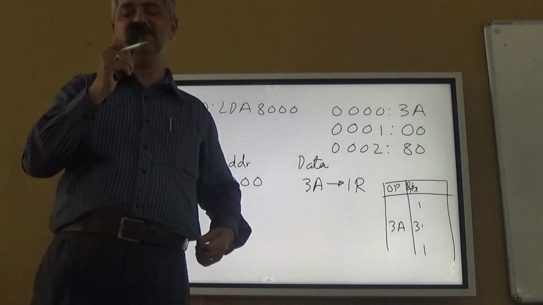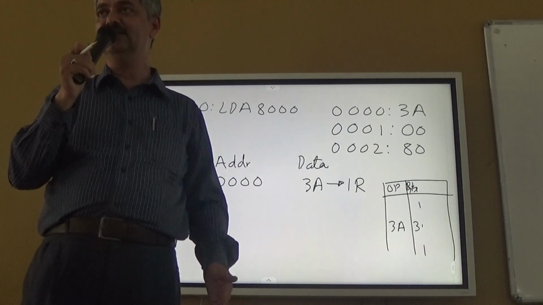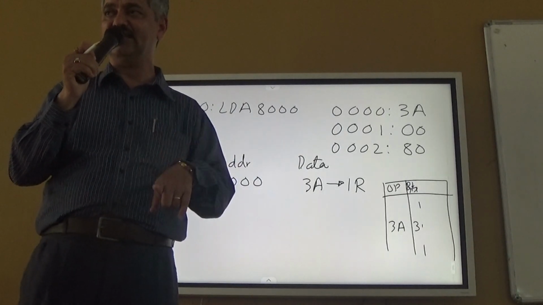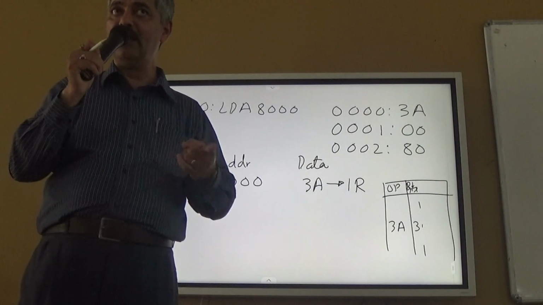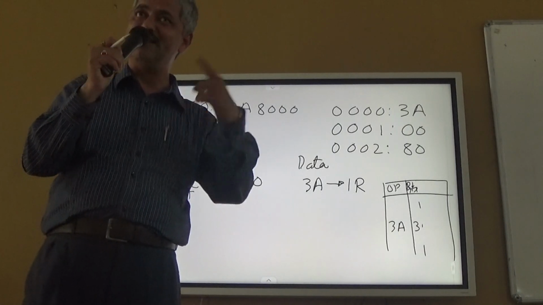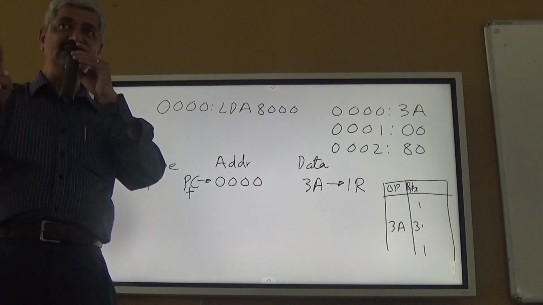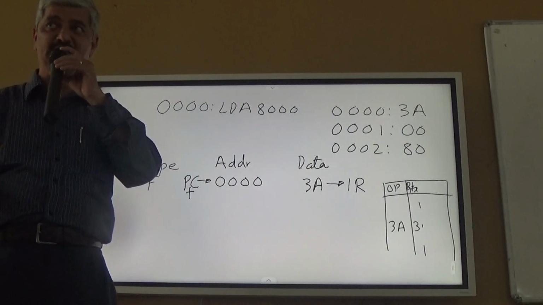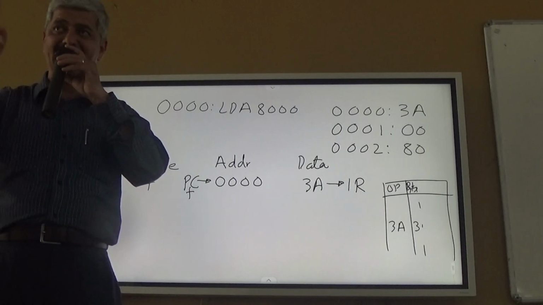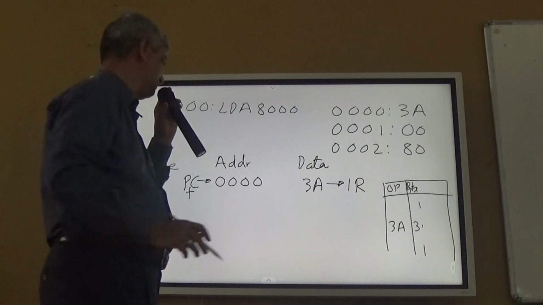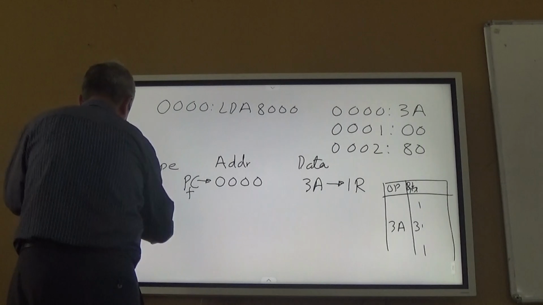Our task doesn't finish when we say that the next 2 cycles should be read cycles. For each cycle, we must specify who will give the address and where data will go. So the next 2 cycles should be such cycles for which the program counter gives the address by auto incrementing continuously.